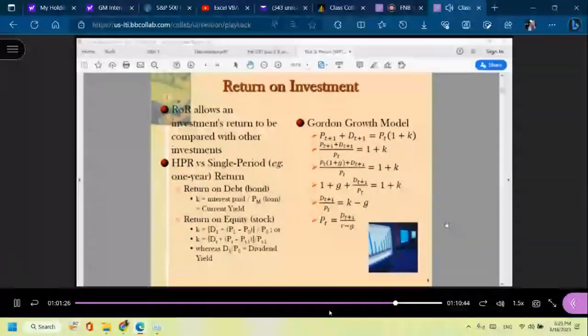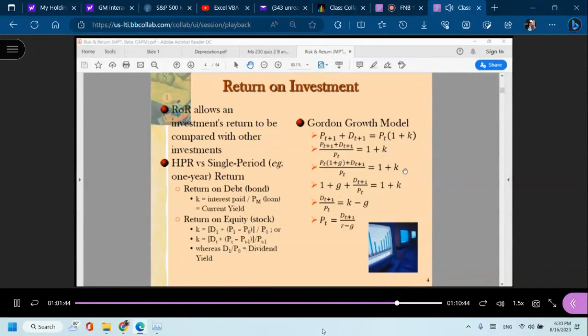See this? So the Gordon growth model, also known as the constant growth model, is, and this is my derivation, my interpretation.